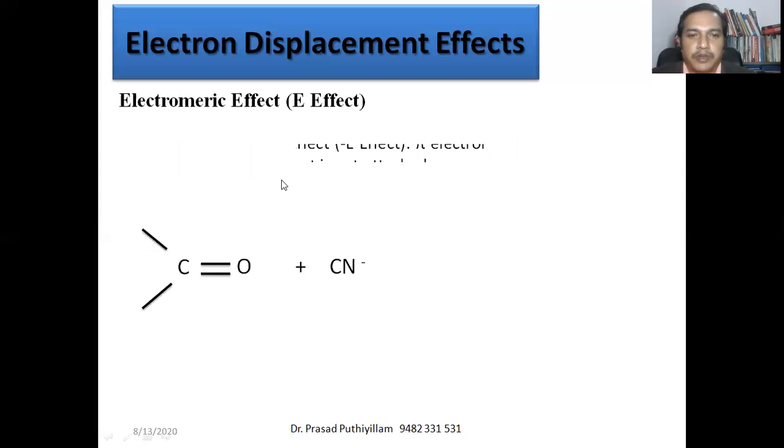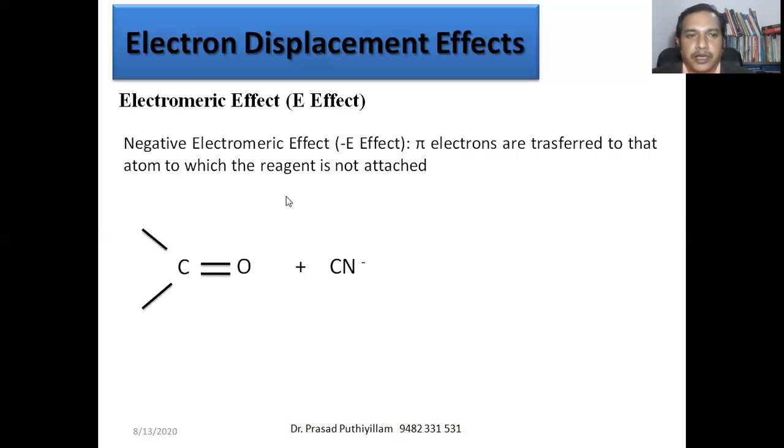Next example is minus E effect, the negative electromeric effect. The pi electron transfer is away from the group of atoms to which the attacking reagent is getting attached. Here, the cyanide group wants to attach to the carbon atom. Therefore, the electron movement will be away from the carbon where the reagent wants to attach.